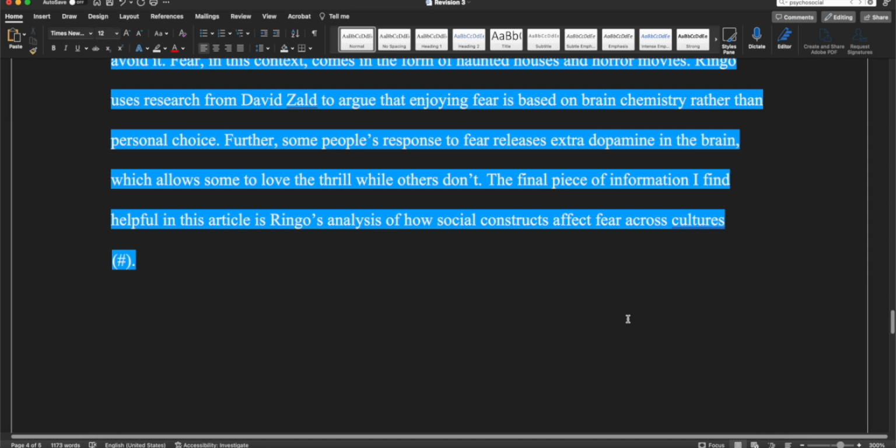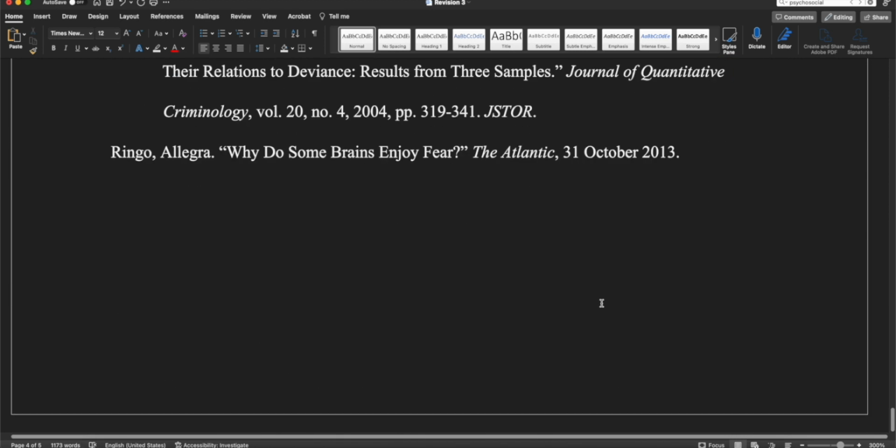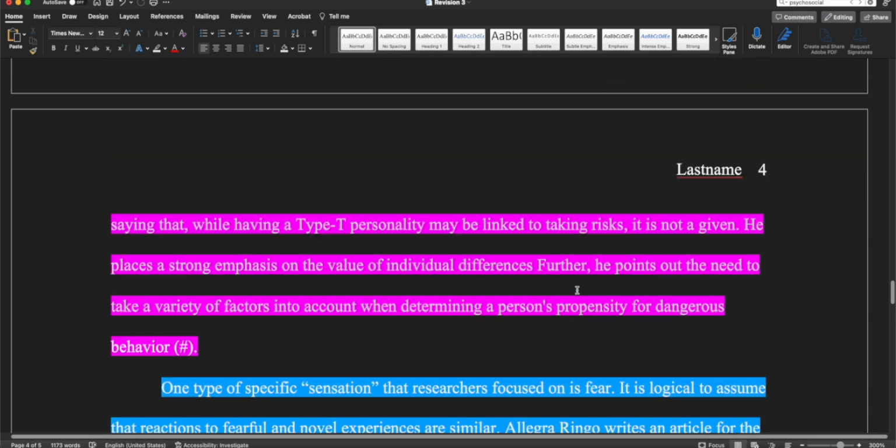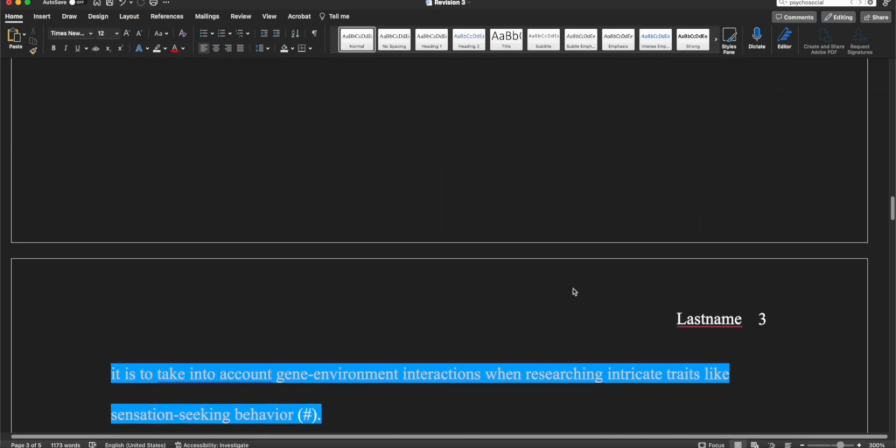Where are we at? We're down to 1,173 words. This started, by the way, at 2,200 this morning. So we've already cut it in half. We're on 1,173, but we can go further.